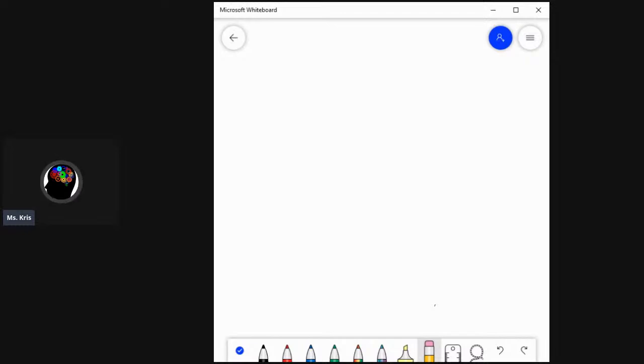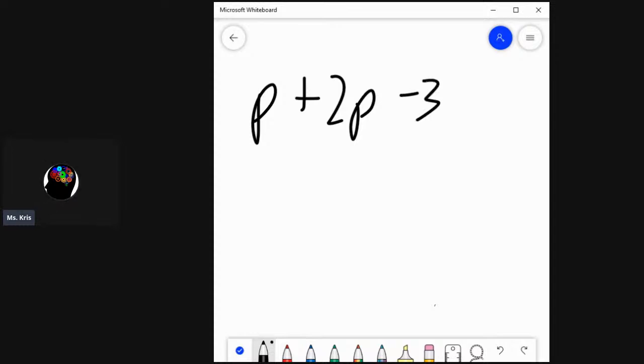So here's a few examples. First example is p plus 2p minus 3 equals 6.